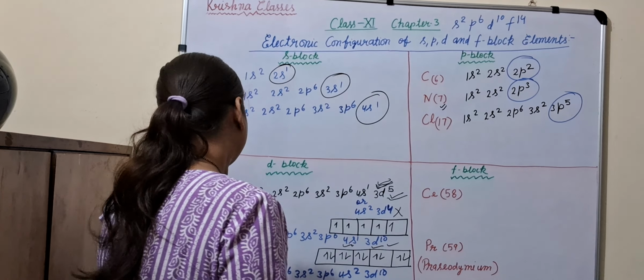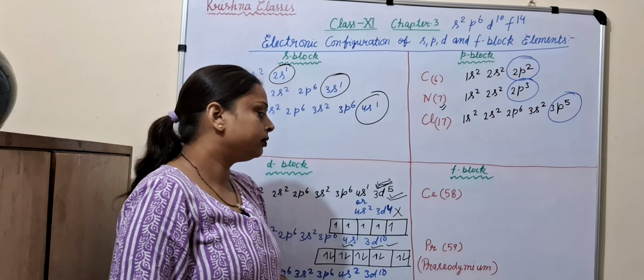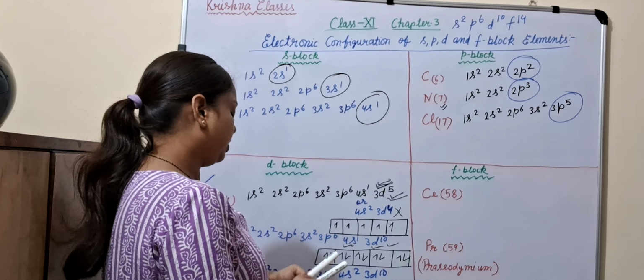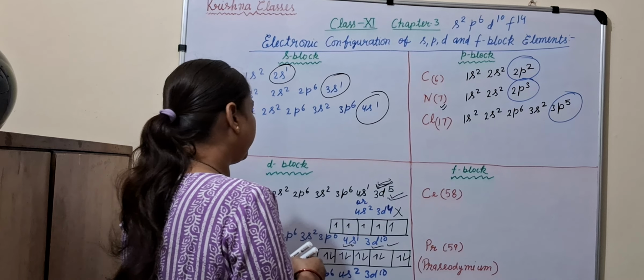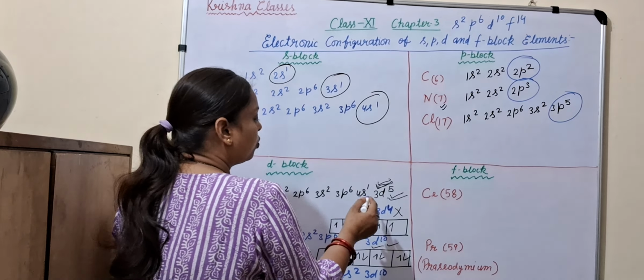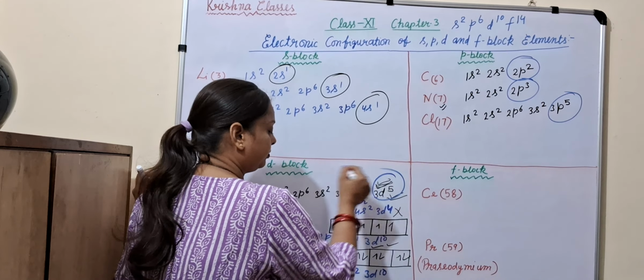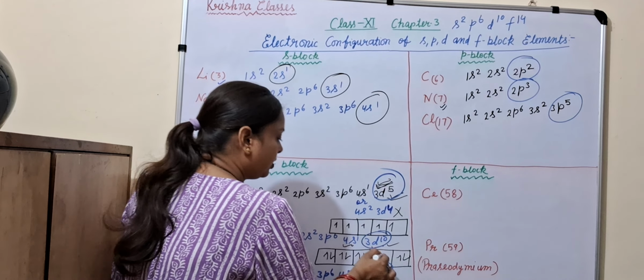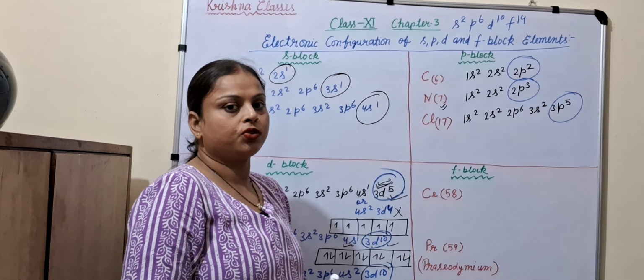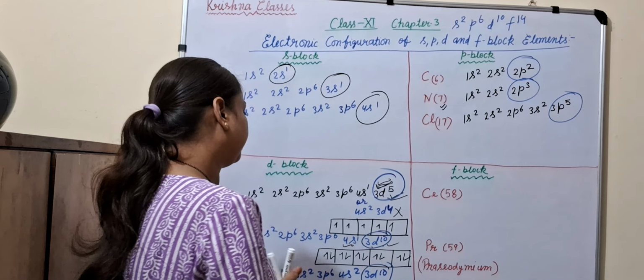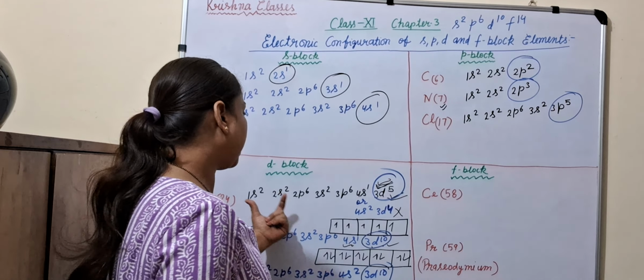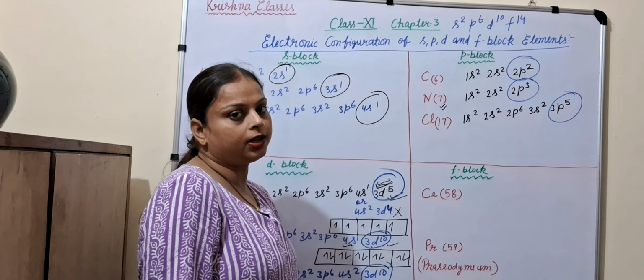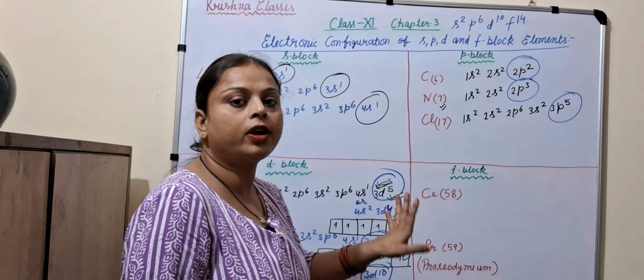So this is the electronic configuration of zinc. Here you can see very easily the last electron goes in the d subshell, and also here and here. That's why they belong to the d block, because the last electron goes in the d subshell. That's why they are called d block elements.